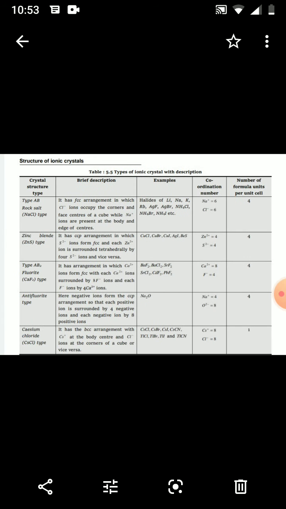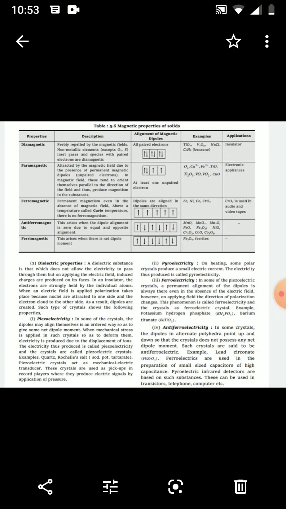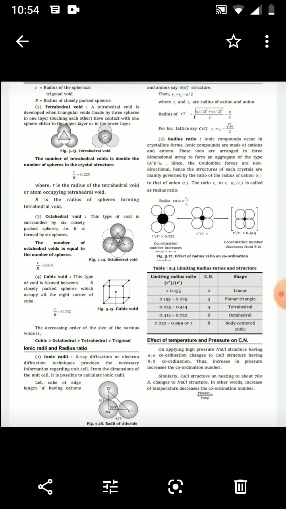Then some structure of ionic crystals and how the particles are arranged, and some magnetic properties that you have already studied, but some dielectric properties. So magnetic properties here given with the example. So today we will discuss 3 points in very brief short.